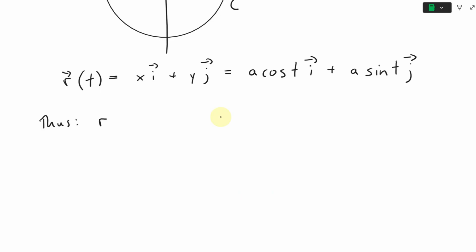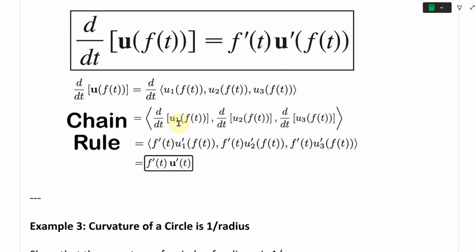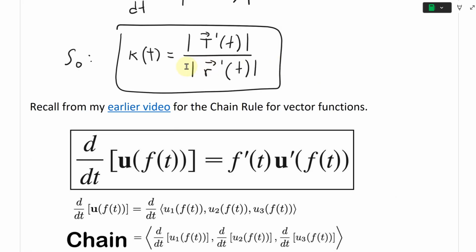what we get is r prime of t is equal to, well, the derivative of cosine is negative sine, so this is going to be negative a sine t i, and then the derivative of sine is cosine, so plus a cosine t j, like that. All right, so we get that, and we need the length of it, basically applying the distance formula.